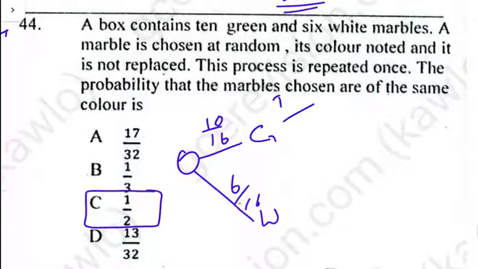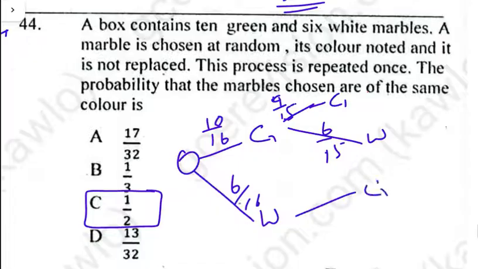Green again we'll have 9 on 15. In white you're going to have 6 on 15. Here green, no green has been drawn yet, 10 on 15. The second white you're going to have 5 on 15.